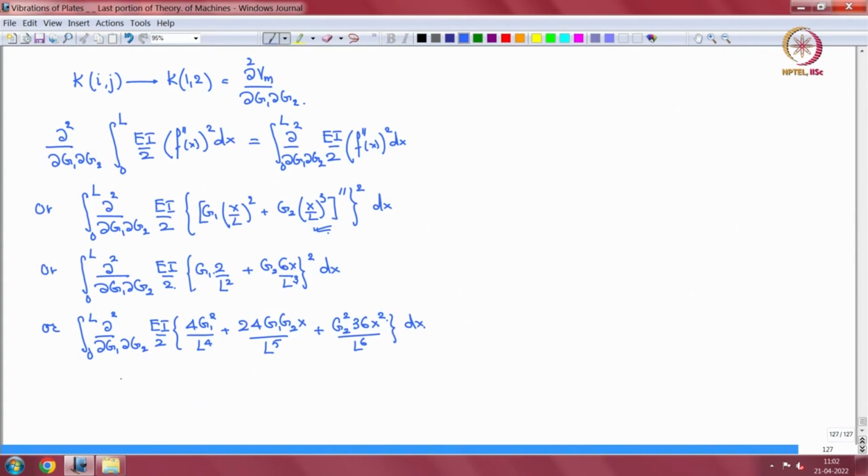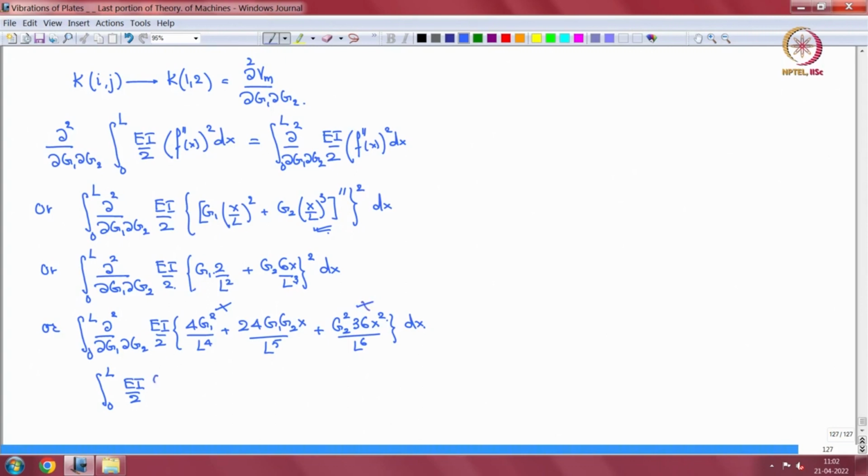We get integral 0 to L. We do the differentiation now, so I get EI by 2. Once with G1 this survives, next with G2 it won't survive. Once with G2 it survives, then with G1 it won't survive.